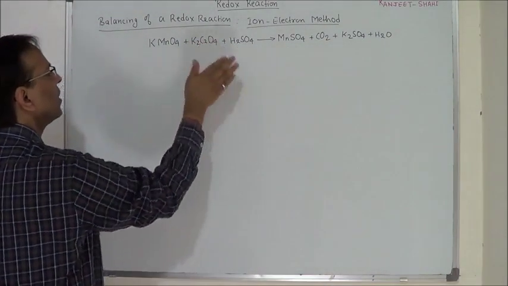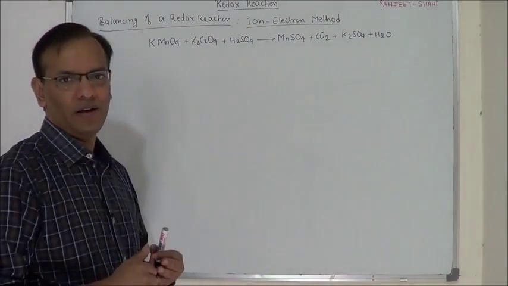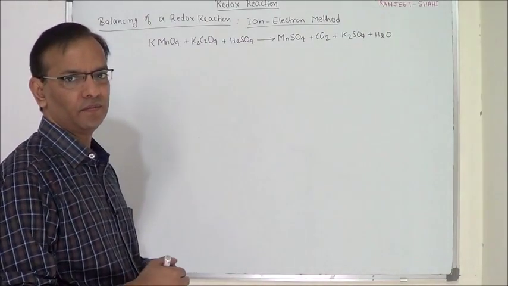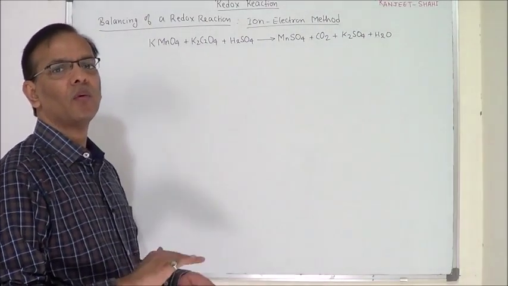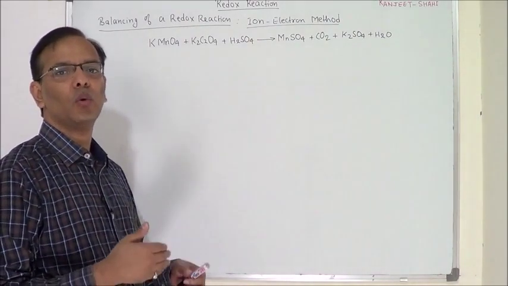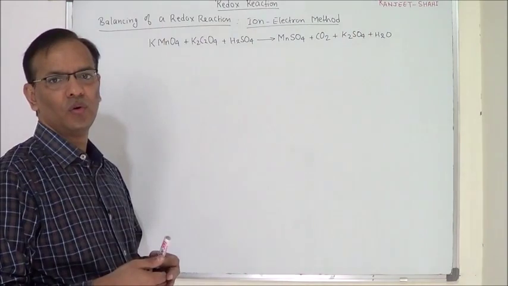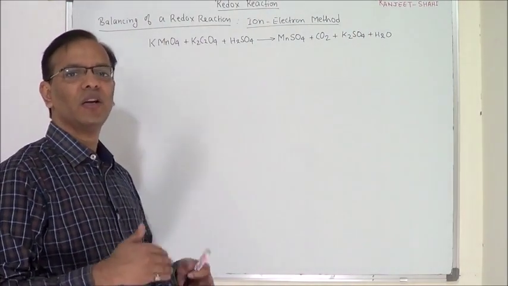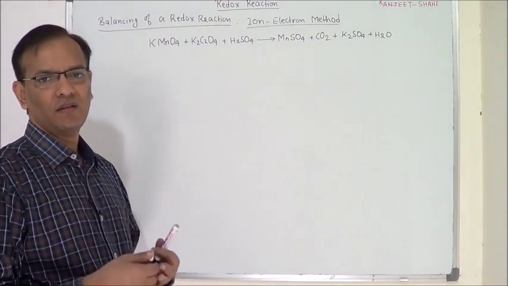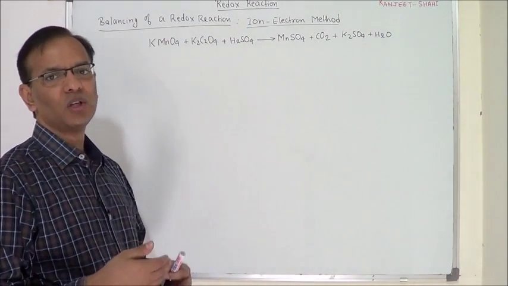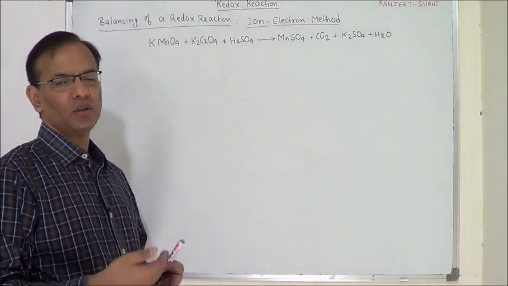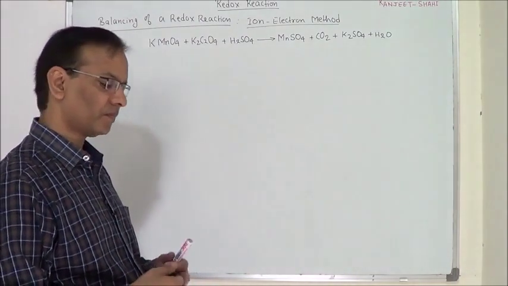So we must first convert this into an ionic reaction if we want to balance it. When converting it into an ionic equation, we consider only those ions who are undergoing change in oxidation number. We leave those ions who are not involved in the redox process, in which oxidation numbers are constant, not undergoing any change.